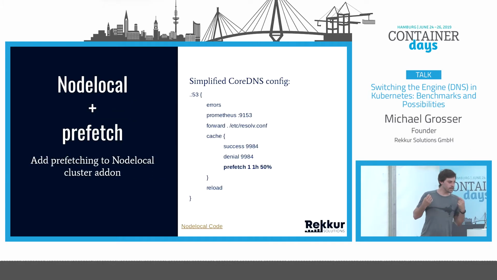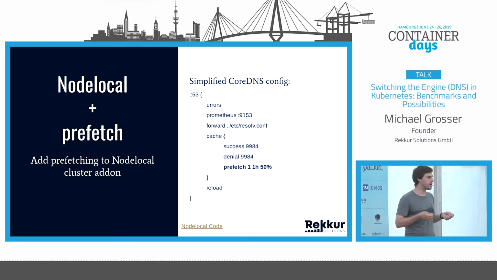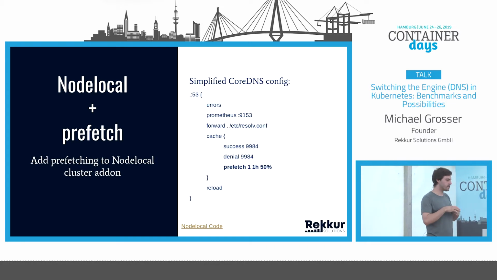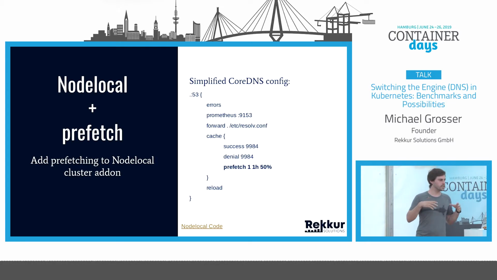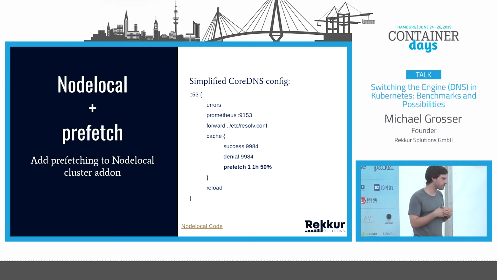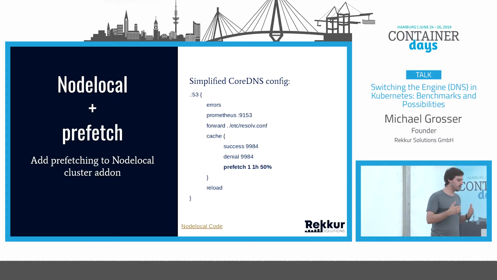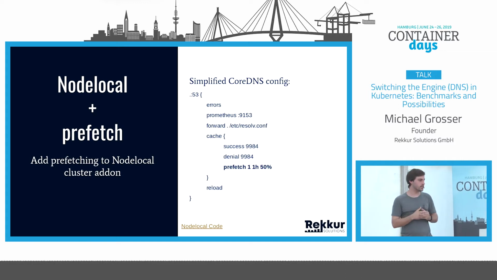So the first thing that you can do to customize is basically customize the cluster add-on itself. So you will still have the general idea of a daemon set running on each node, and therefore a local DNS cache. But you can also tweak the YAML of the cluster add-on.